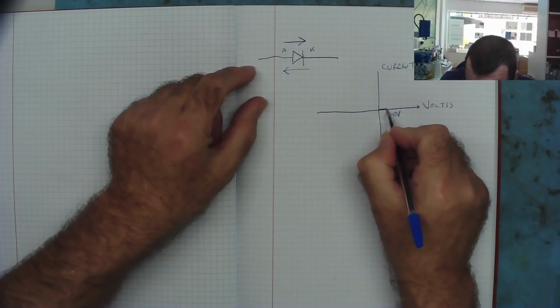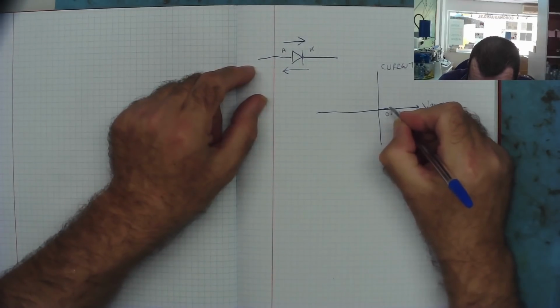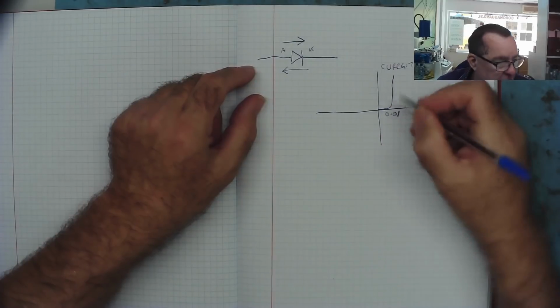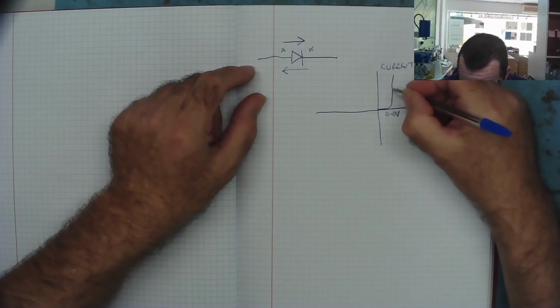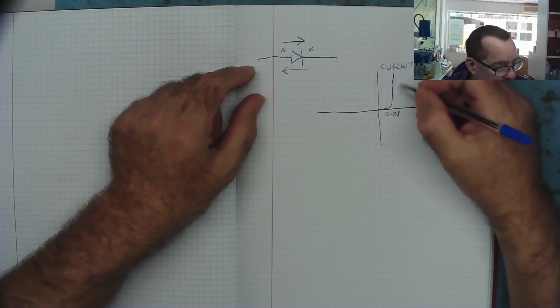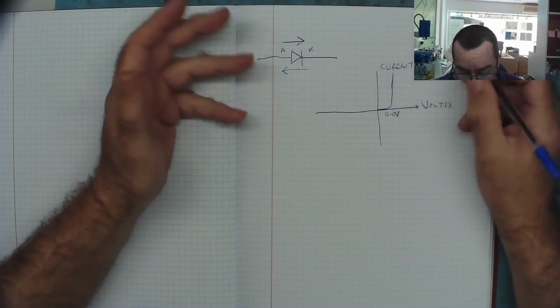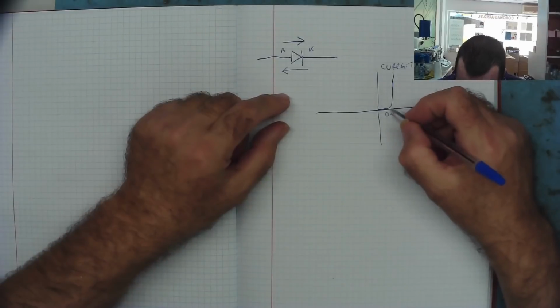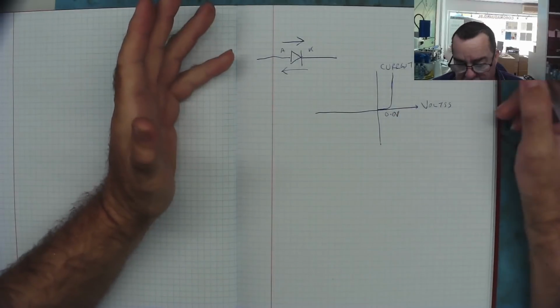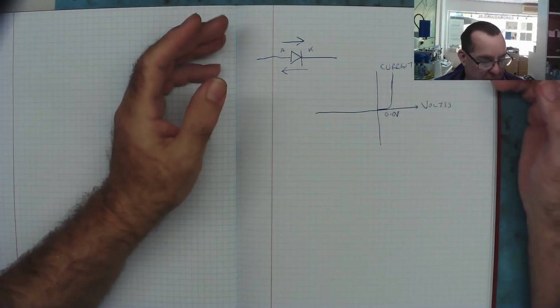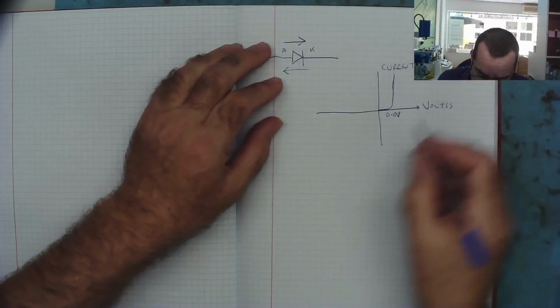Okay, so it's 0. And at 0.6 of a volt, it suddenly conducts. After that, the current goes up rapidly to the point where the diode cannot pass any more current. You would destroy it if it was running into a short circuit or there wasn't some way to limit the current. So that's what actually happens in the forward direction.